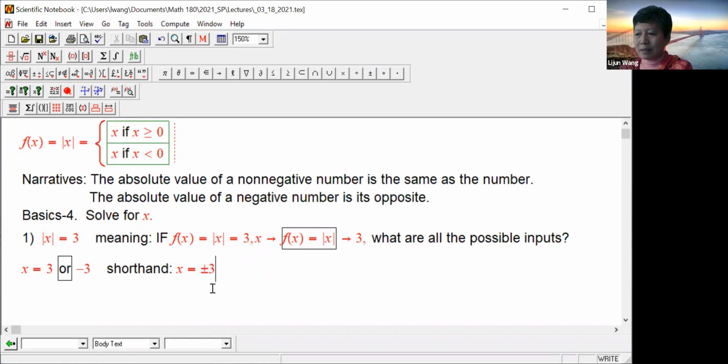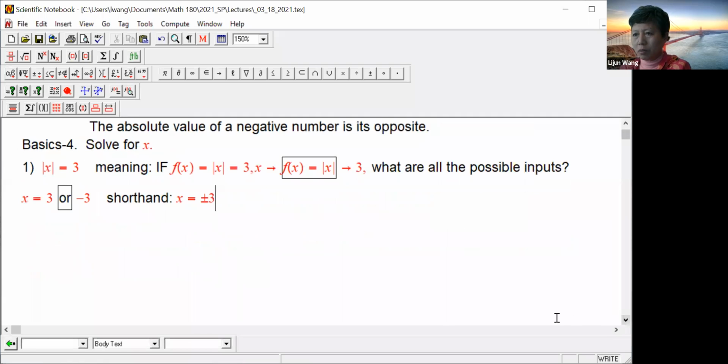With that said and done, for this question there's another interpretation. One is the number line interpretation, and the other is the function interpretation. This is the function interpretation.